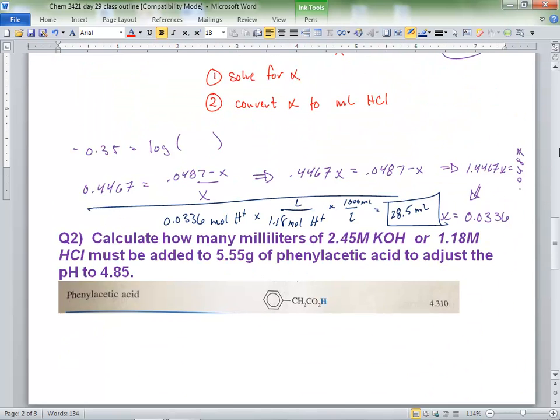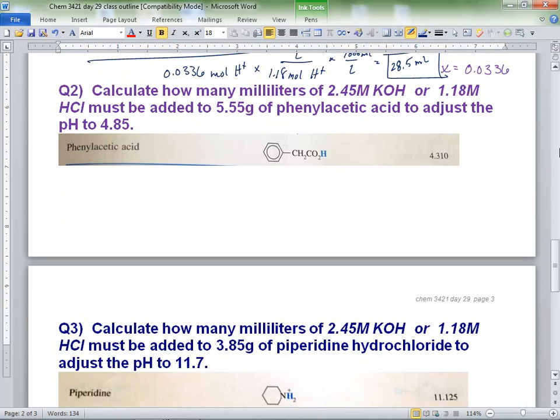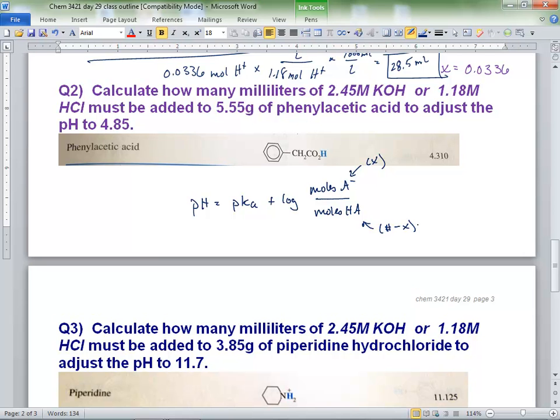So for question 2, it'll be the same formula. But on top, you're going to have X. On the bottom, you're going to have some number minus X, right?